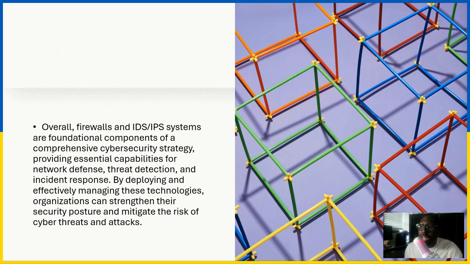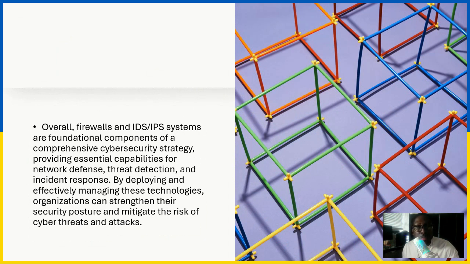Overall, firewalls and IDS systems are foundational components of a comprehensive cybersecurity strategy, right? You will find this any and everywhere in the networking, security, and cybersecurity world, right?